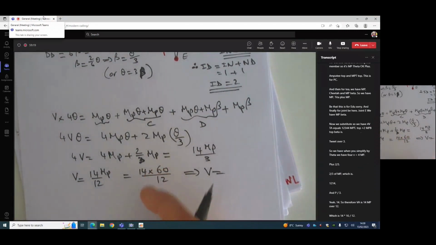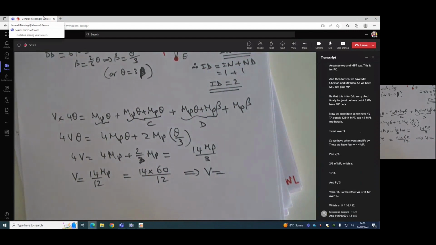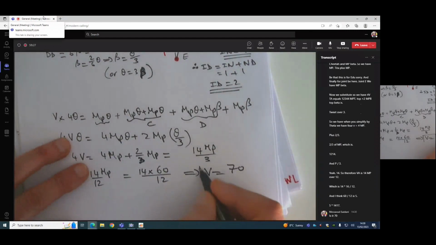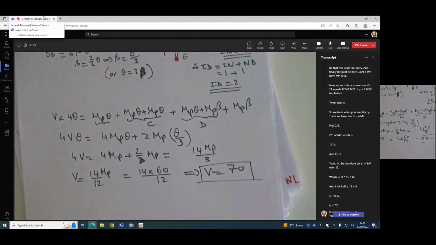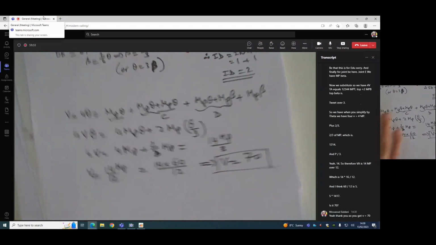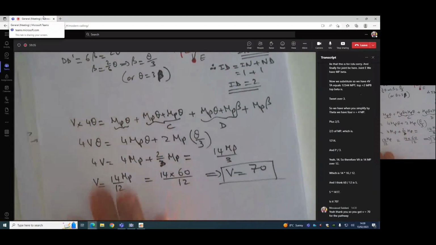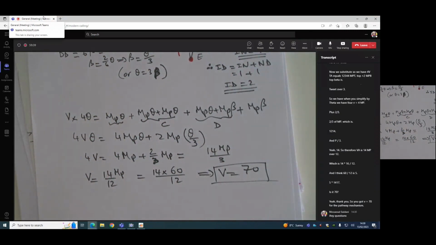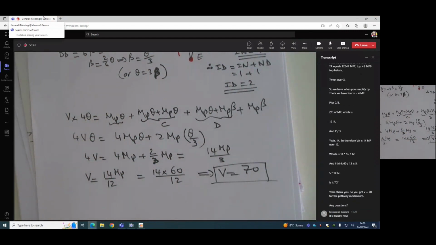And I think 60 over 12 is 5. 5 times 14, 70. Is it 70? Yeah. Thank you. So we've got V equals 70 for the pathway mechanism. Any questions?